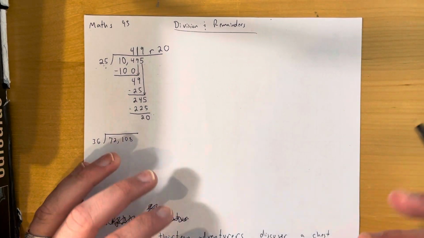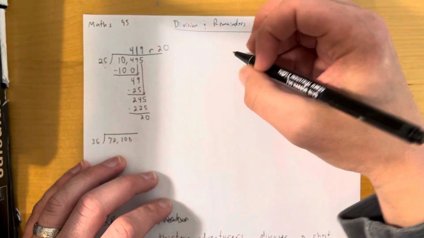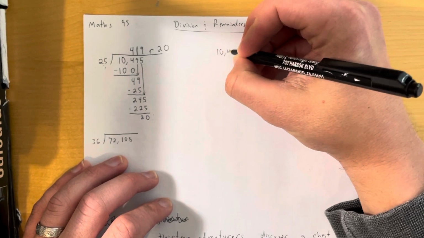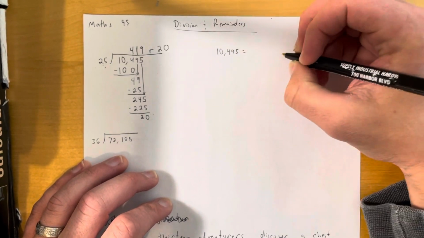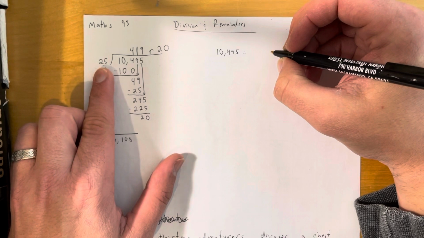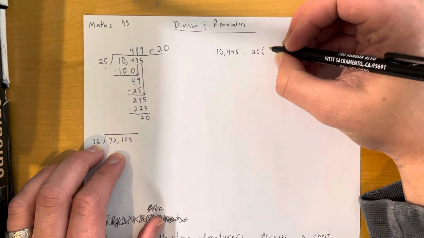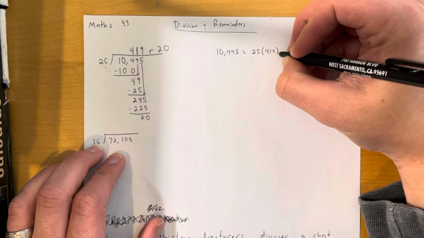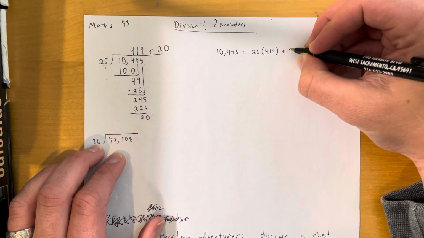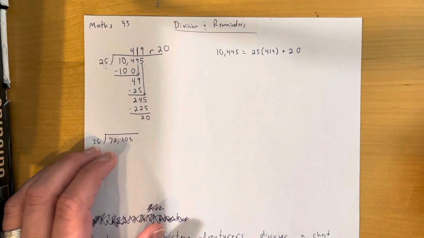So all four of these numbers can be related by rewriting what I just stated in terms of a mathematical equation, which is this. The dividend, 10,495, is equal to my divisor times my quotient, so 25 times 419, plus my remainder, 20. Okay?